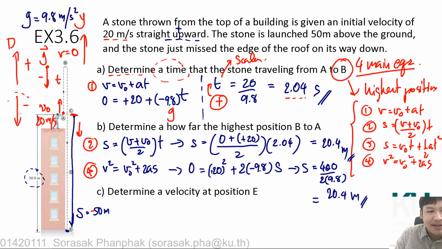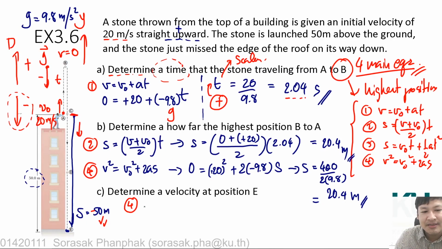The downward direction is supposed to have the minus sign. So now you know the displacement and you know the initial velocity. You would like to find the terminal velocity, so you can use the fourth equation of our four main equations here.